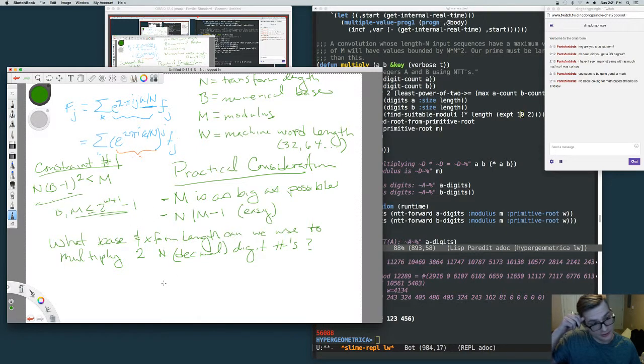The practical constraint is that we don't exceed the modulus. So we choose a very, very large modulus, and let's look for moduli now.